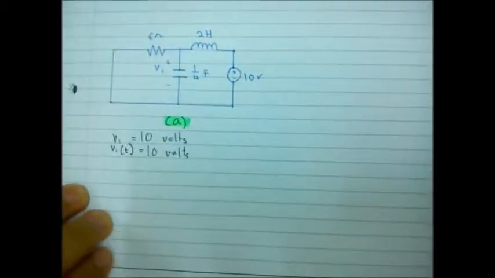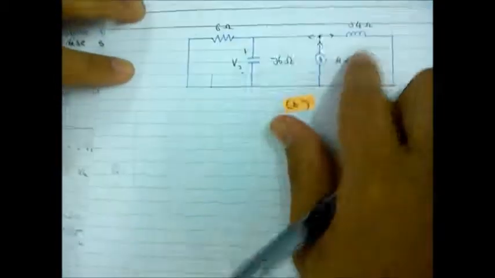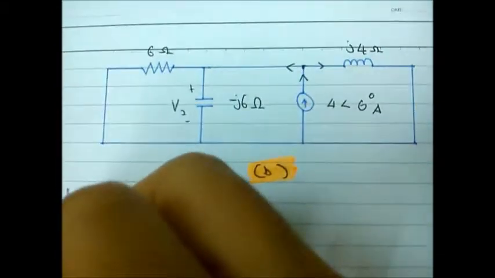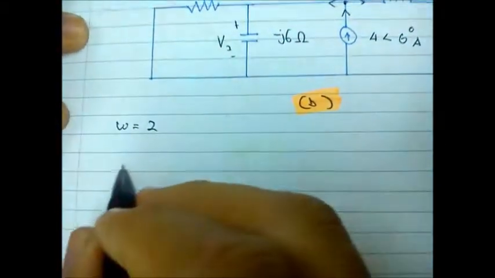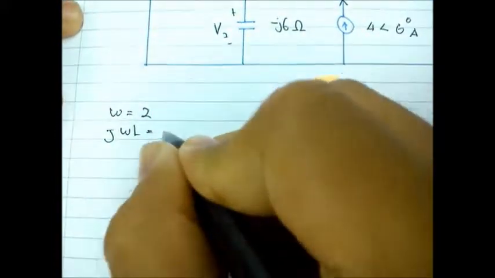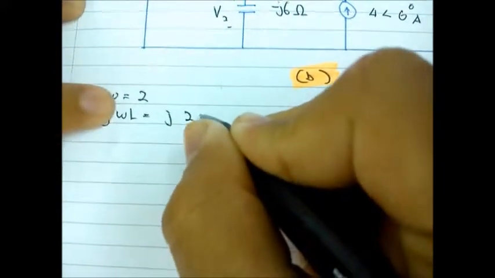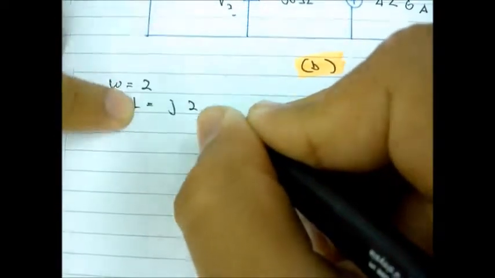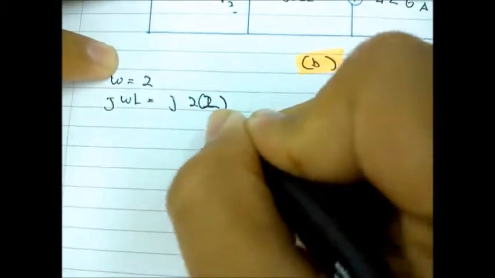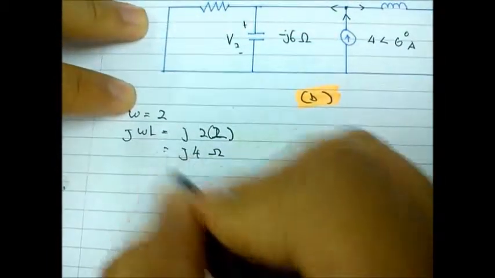For the other one, figure B, the omega here is 2, and j omega L equals j2 times 2, which is j4 ohm for the inductor.